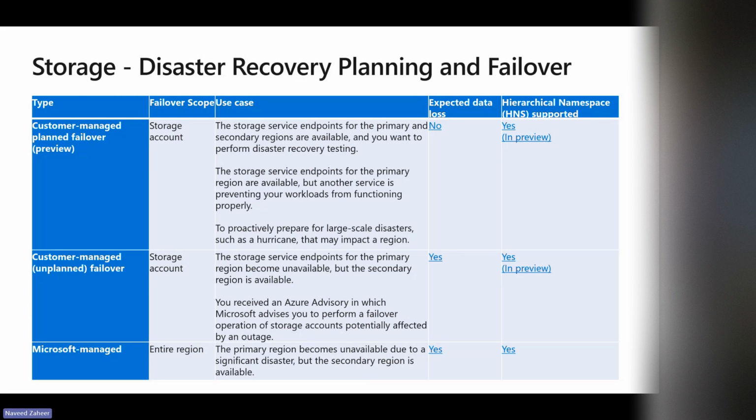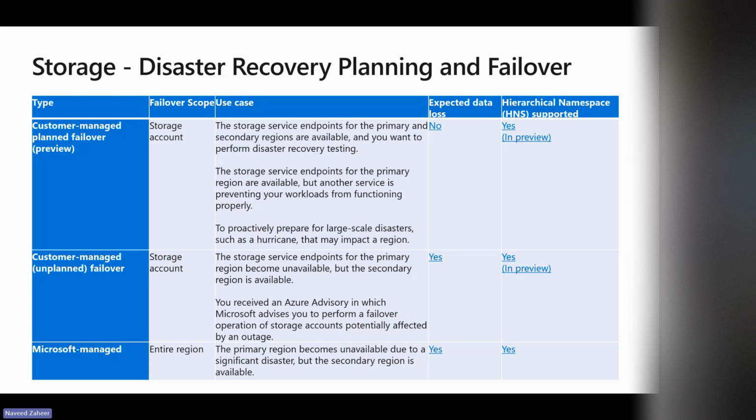We will look at some of the other aspects of both planned and unplanned failover, and see what the key differences are, and what the ramifications are of using one or the other. Just to keep in mind, planned failover is just there to test how your app will behave in a large scale disaster.